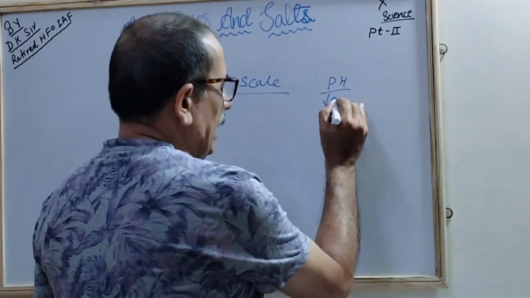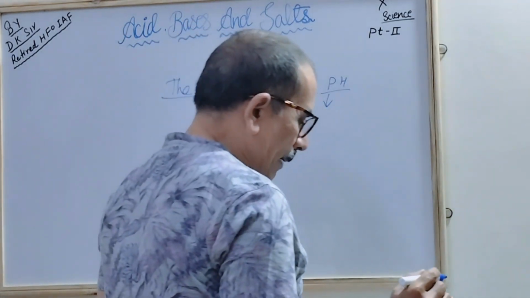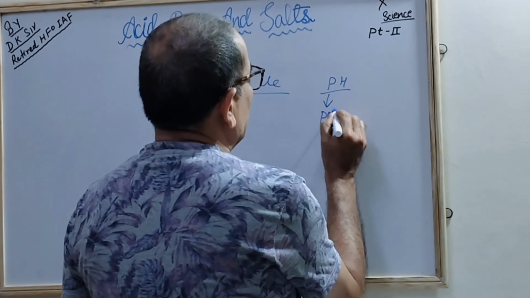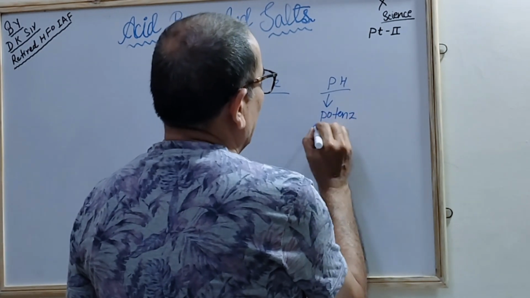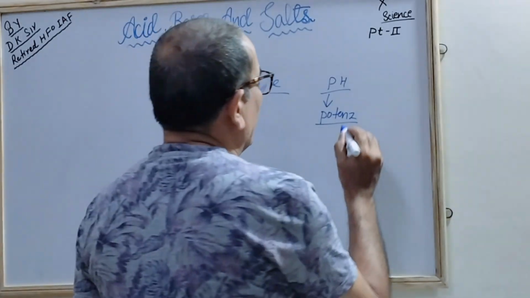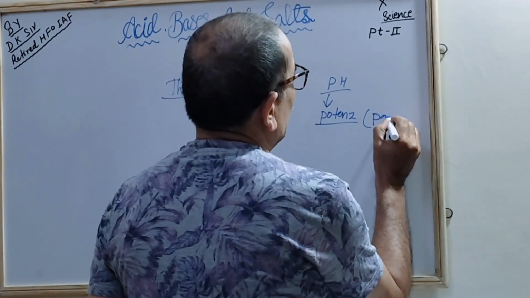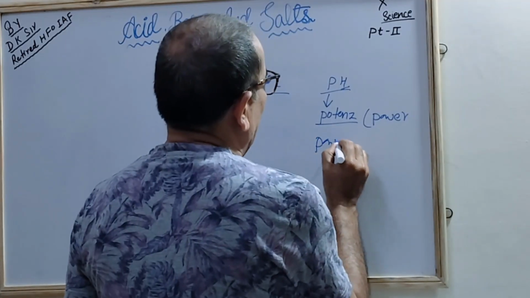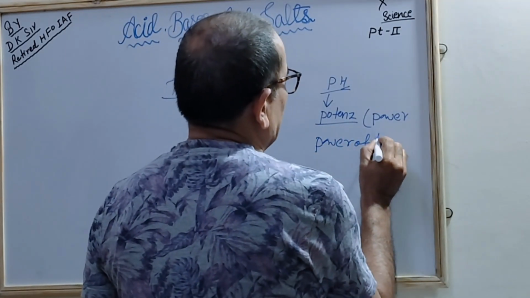The P is not an Indian word. In pH, the P is potenz. P stands for potenz, which means power. It is going to decide the power of H. So what is the meaning of that? The power of H, correct?